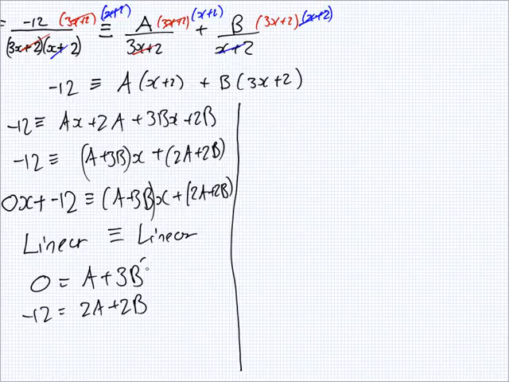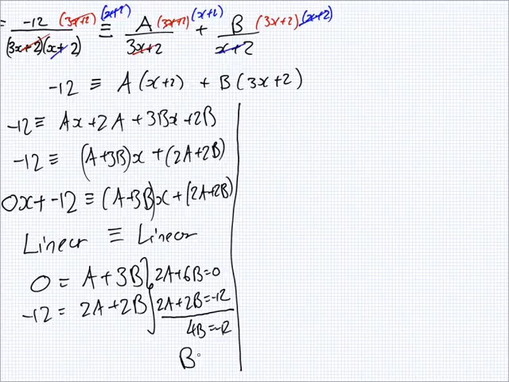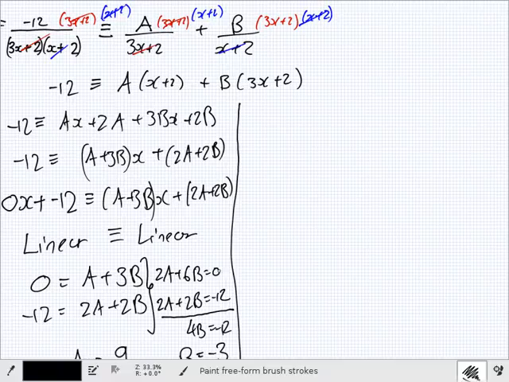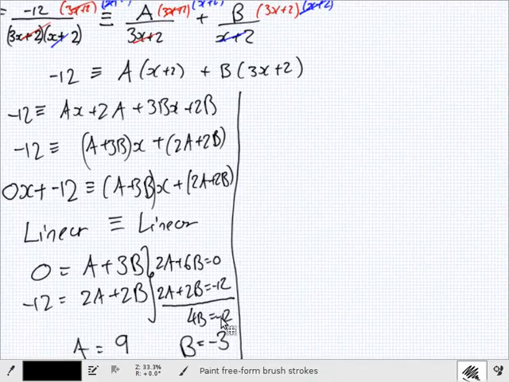So solving this isn't too difficult, because I can change this into 2a plus 6b equals 0, and here 2a plus 2b equals minus 12, and I'll put them together and I'll get 4b equals minus 12, so b equals minus 3, which means that a must equal 9. 4b equals 12, yeah?